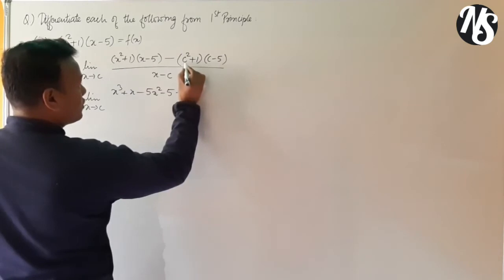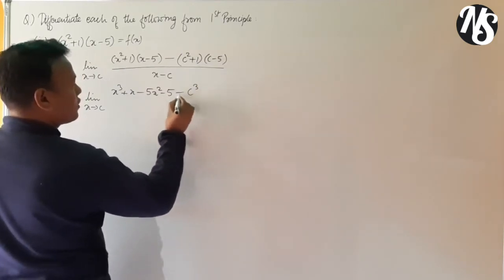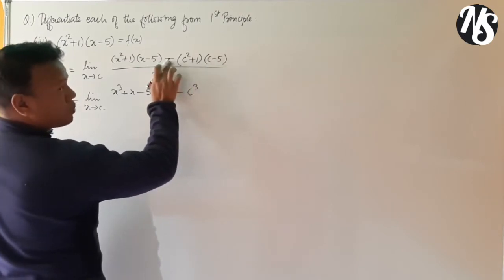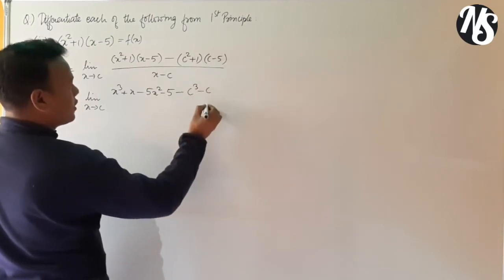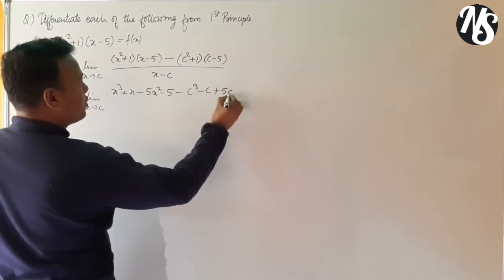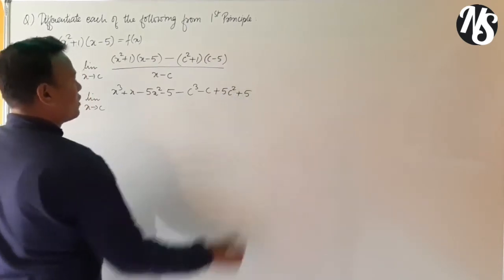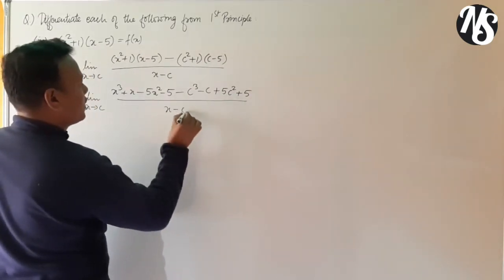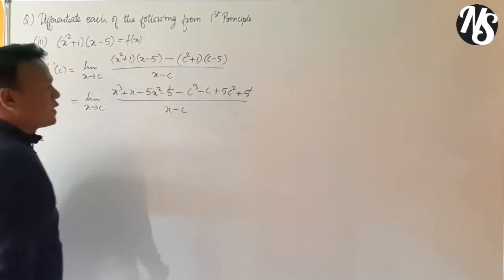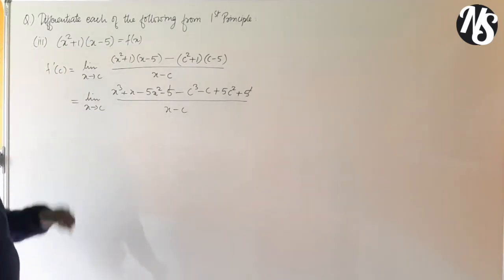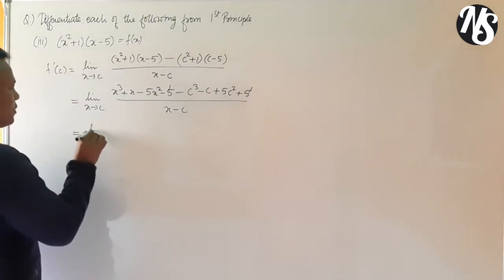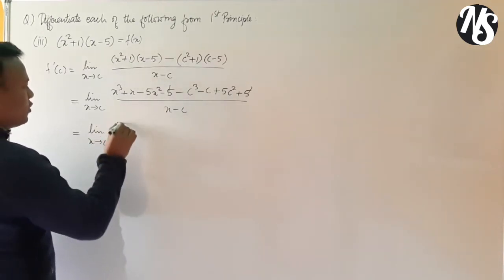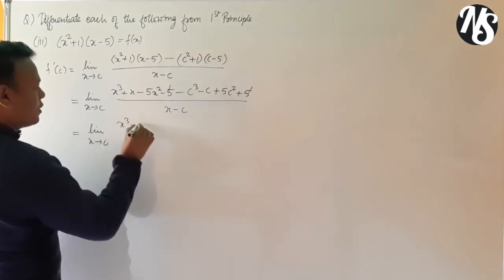For example, c into c is c cube, but our sign will be minus. c into 1 is c, the sign is plus, but because of minus it becomes minus c. Similarly you will have plus 5c square plus 5, divided by x minus c, and you see that this and this get cancelled.